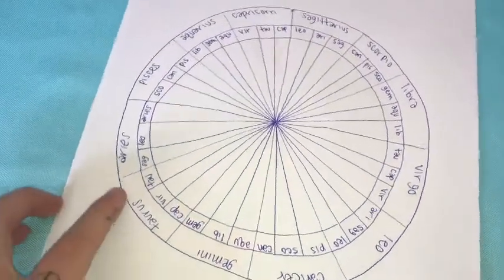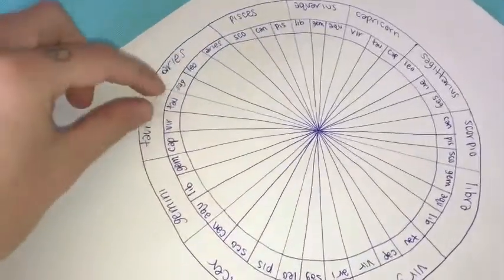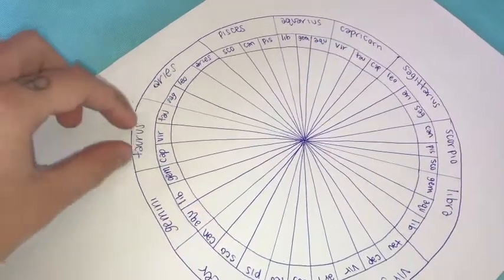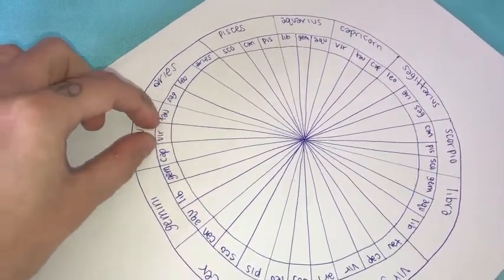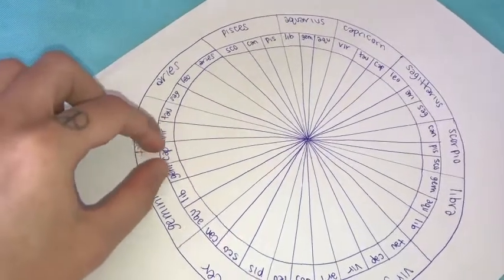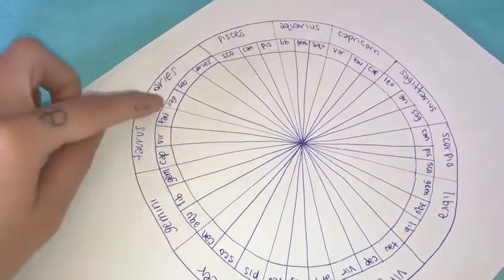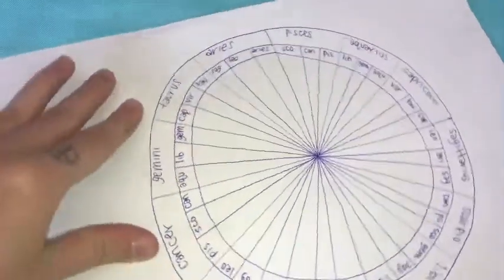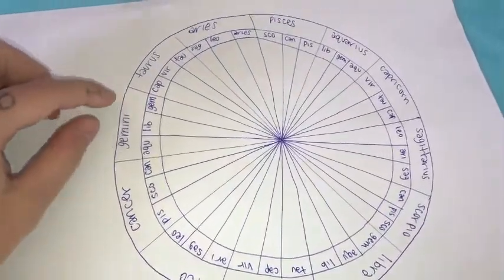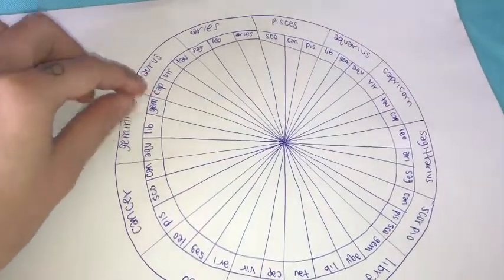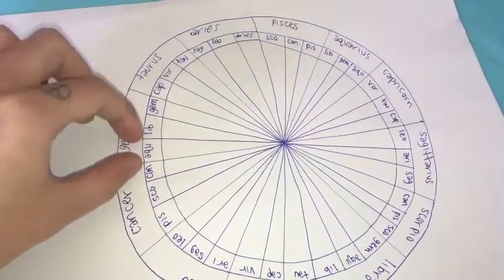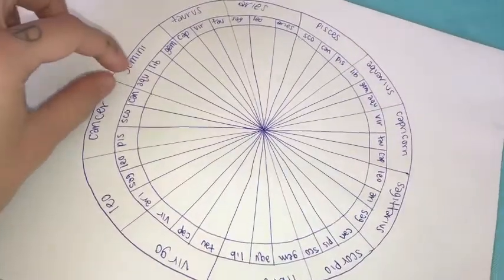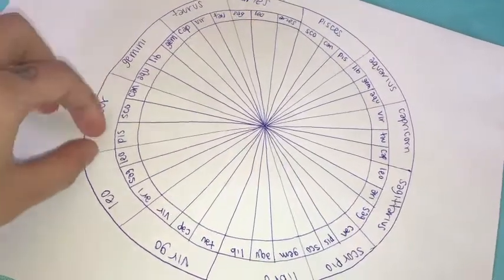So as you can see down here with Taurus, the first 10 degrees would be Taurus, 10 to 20 degrees would be Virgo, 20 to 30 degrees would be Capricorn, because all of those are the earth signs. Same thing with Gemini, but with air signs, right? First 10 is Gemini, second 10 is Libra, third 10 is Aquarius. Same thing with the water signs for Cancer. We got Cancer, and then Scorpio, and then Pisces.